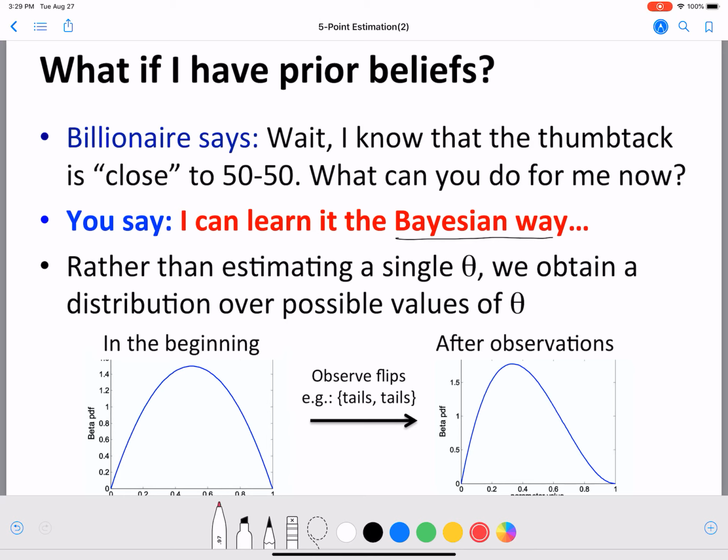So for example, if we have some prior belief which looks like this, we use this prior belief and then also observe our data instances, which we did for MLE. We combine that with this prior belief to get our estimate.